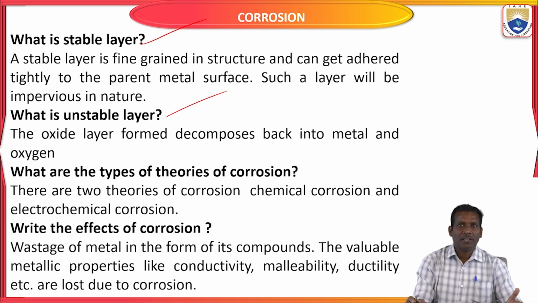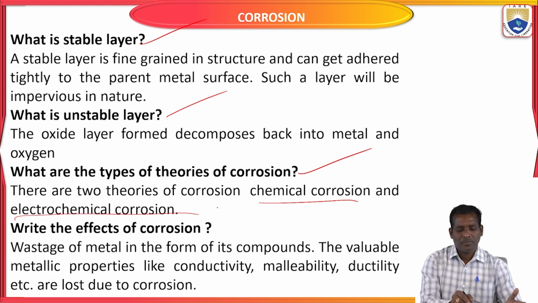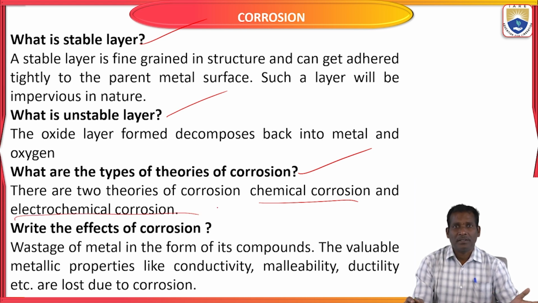What are the types of theories of corrosion? There are two theories of corrosion, chemical corrosion and electrochemical corrosion. Already we have studied in the theory part the difference between these two.